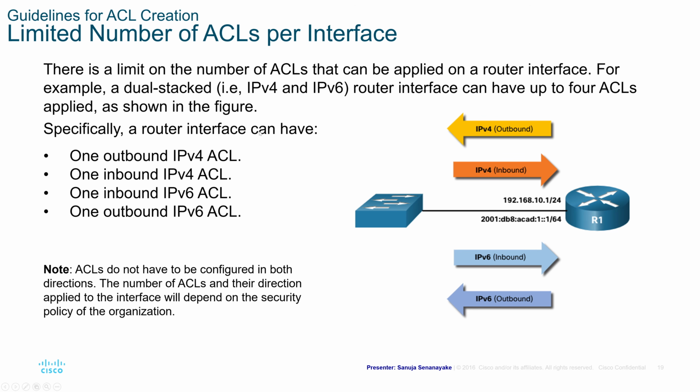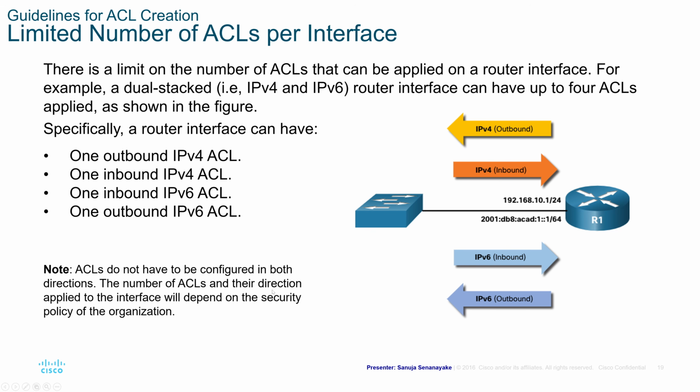So specifically, a router interface can have one outbound IPv4 ACL, one inbound IPv4 ACL, one inbound IPv6 ACL, and one outbound IPv6 ACL. So 2 for IPv4 and 2 for IPv6. Note, the ACLs do not have to be configured in both directions.